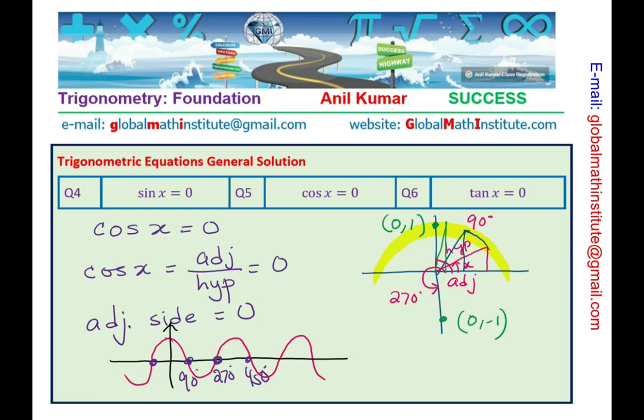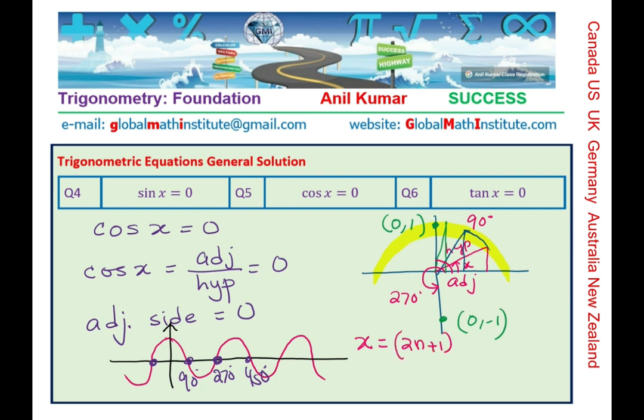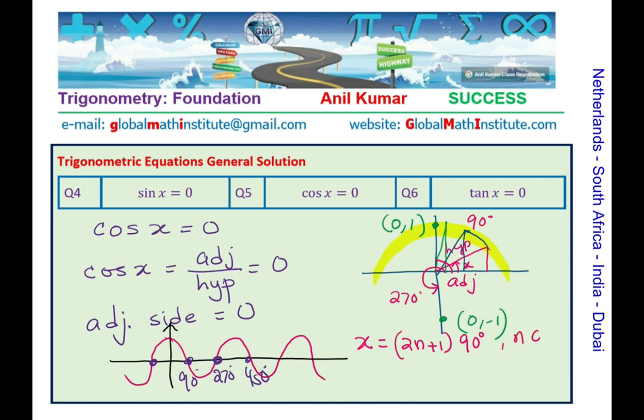So we can write a general solution that x is equal to what? x is odd multiples of 90 degrees, right? Now, how do I write odd multiples of 90 degrees? Odd means 2n plus 1, right? Of 90 degrees. You get the idea? Where n belongs to set of integers, right?